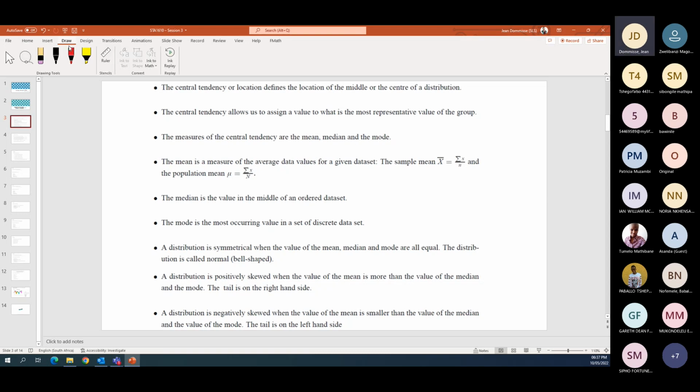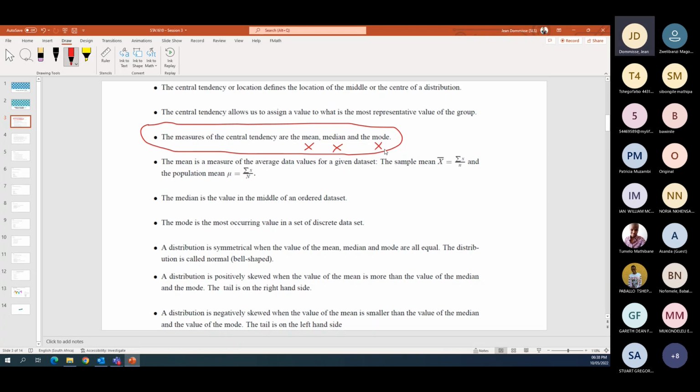The things that we will always look at in central tendency, or they can call it central location, are mean, median, and mode. So that's the 3 things that we will cover under that.